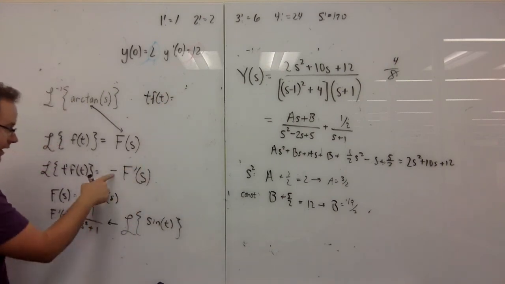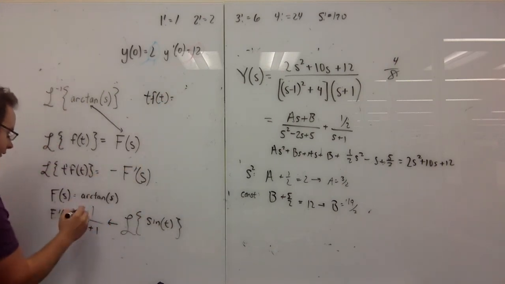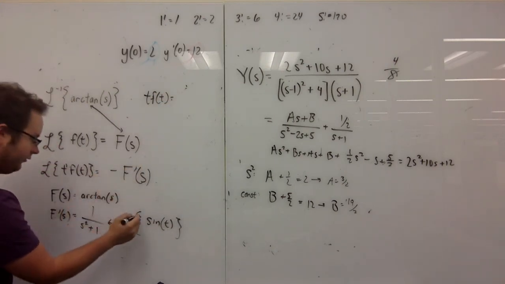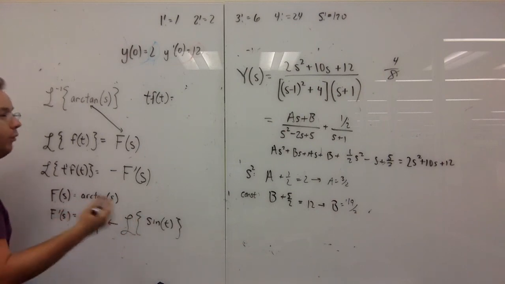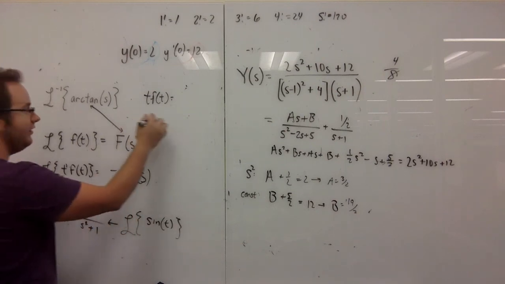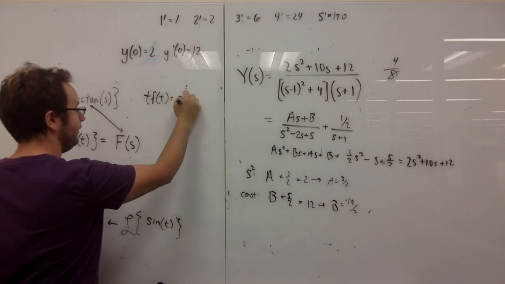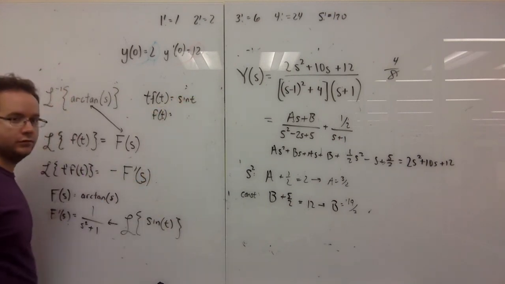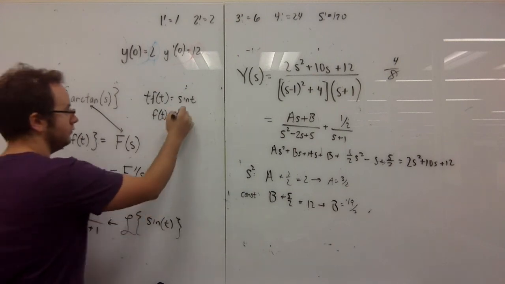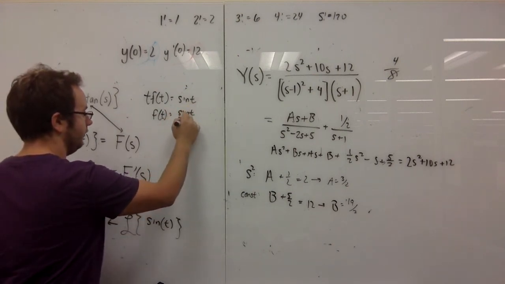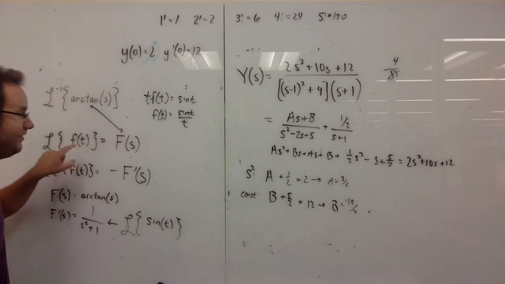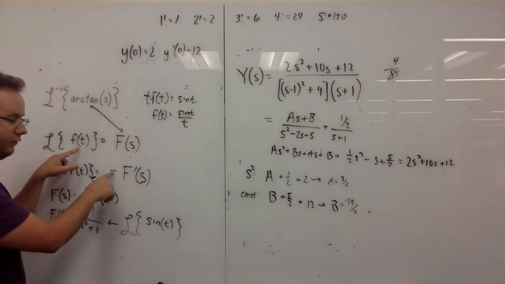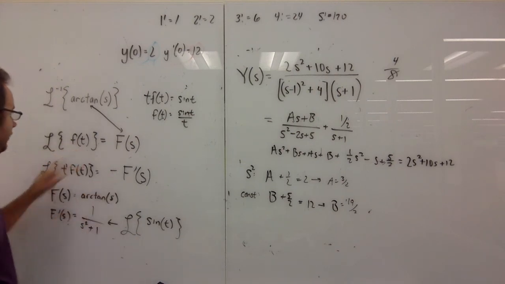It really should be negative sine, since there is a negative here, so we'll throw in a negative later. But if t f of t is equal to sine of t, what's f of t? Sine of t over t. Of course, we need to introduce a negative.